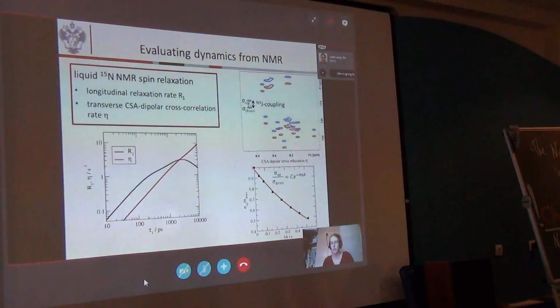Now, from the intensity ratio of these two peaks, which is shown here, we can determine the cross-correlation rate beta when we vary the evolution time delta. So these are the experimental points. We can fit them and get the cross-relaxation rate.